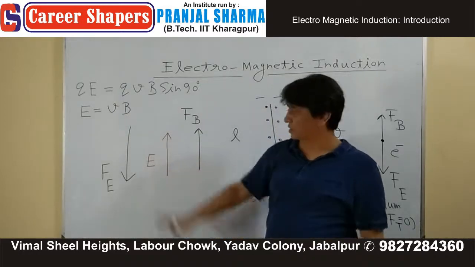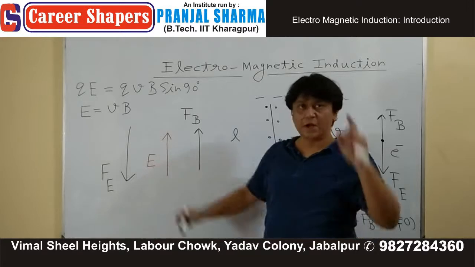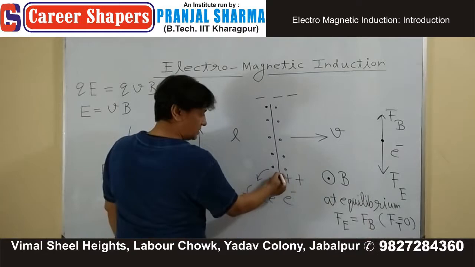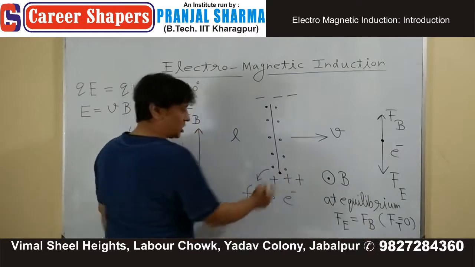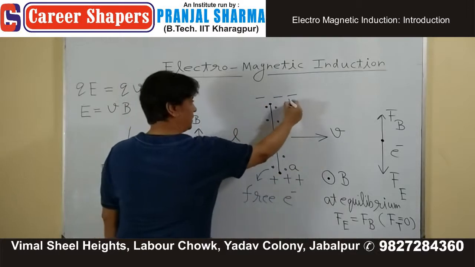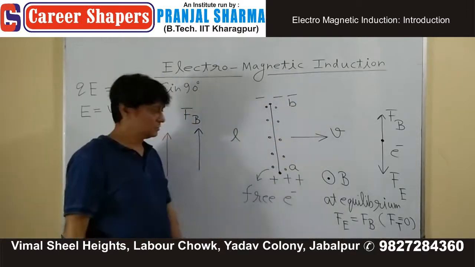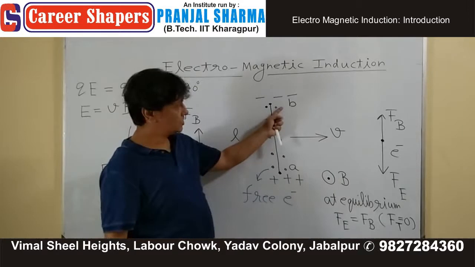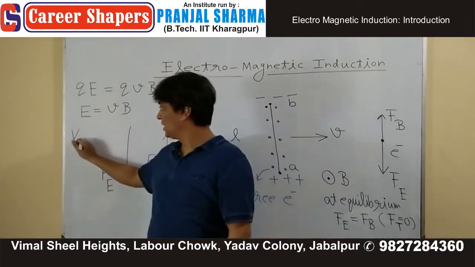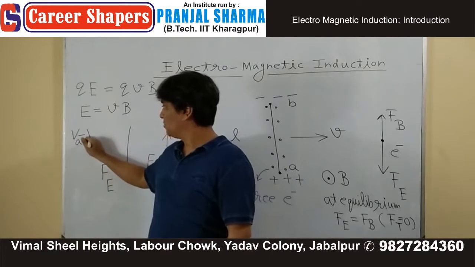And once you got the strength of electric field, now again remember electrostatics. This end, let's call it A. This end, let's call it B. This is A, this is B. We are interested in finding VA minus VB.